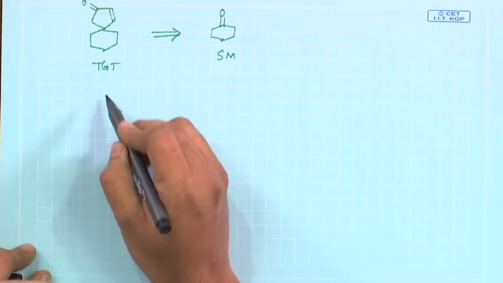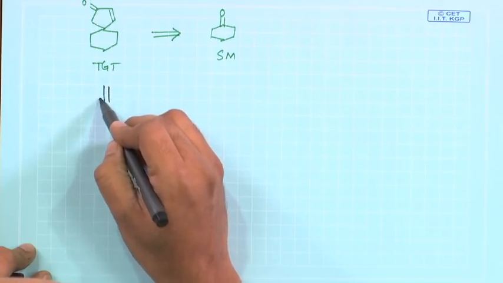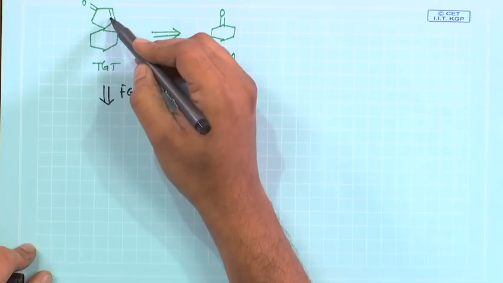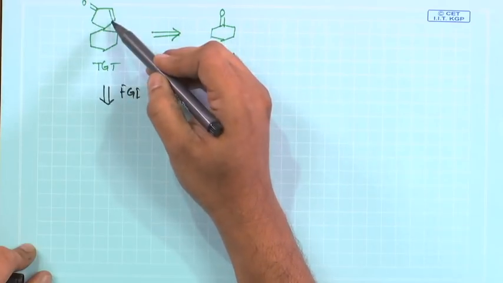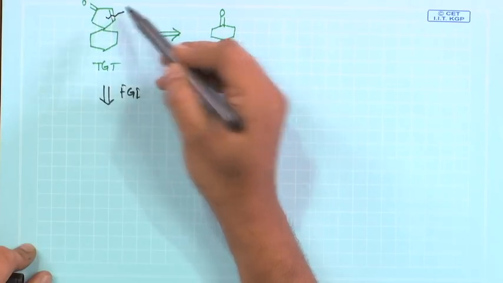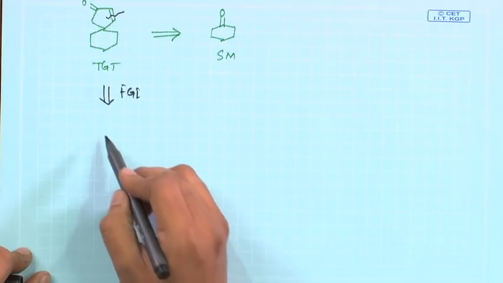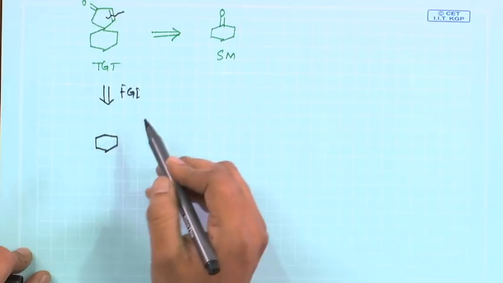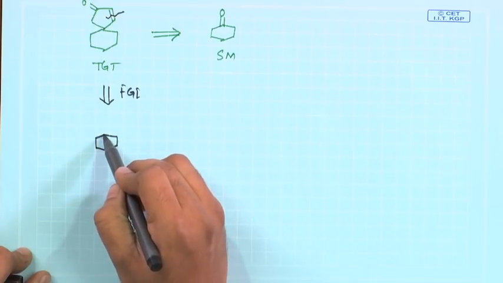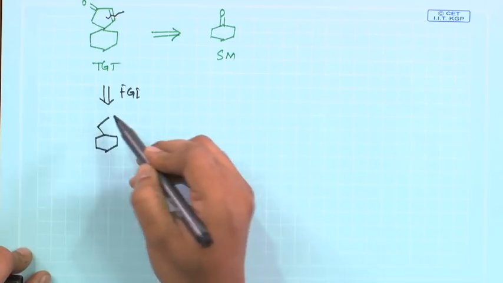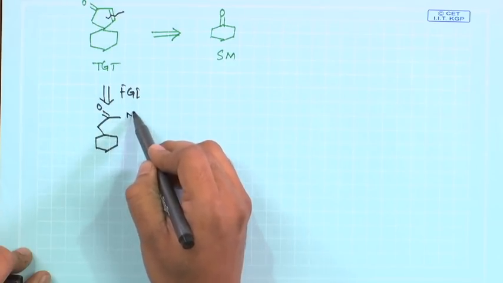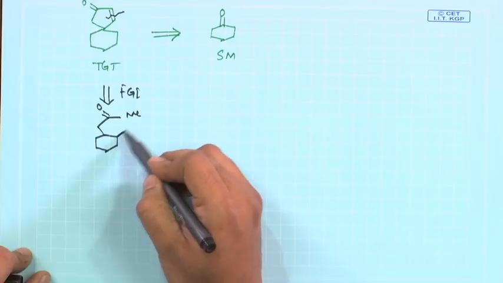So, the initial target was this one. Now, you see this molecule has an alpha beta unsaturated ketone part here. So, we will do a retro step here, and then we will see that a simple functional group interconversion will give you this particular compound.